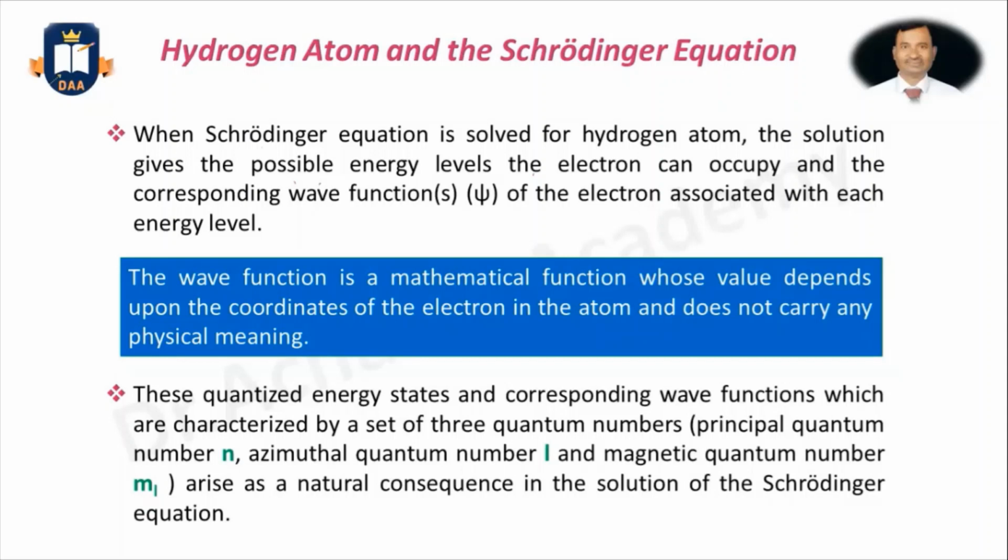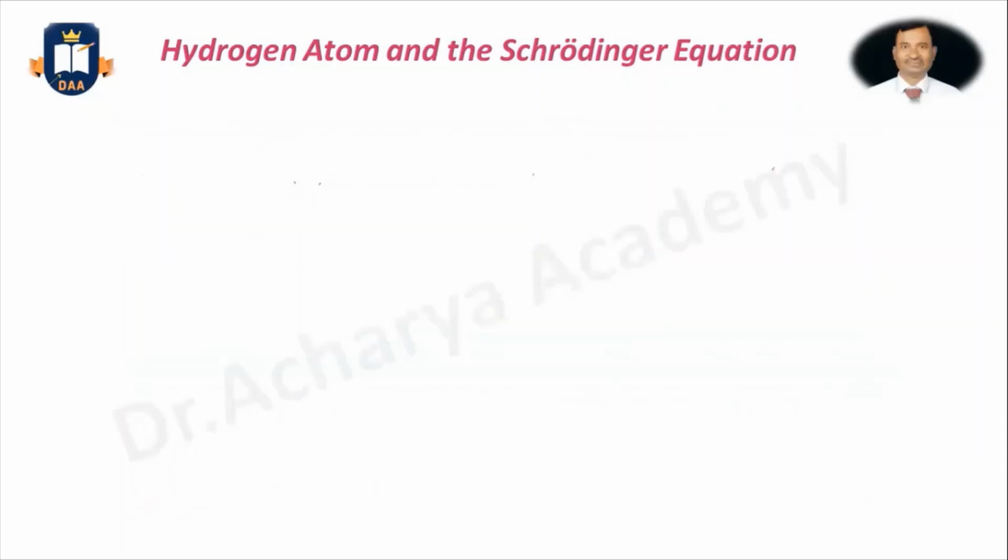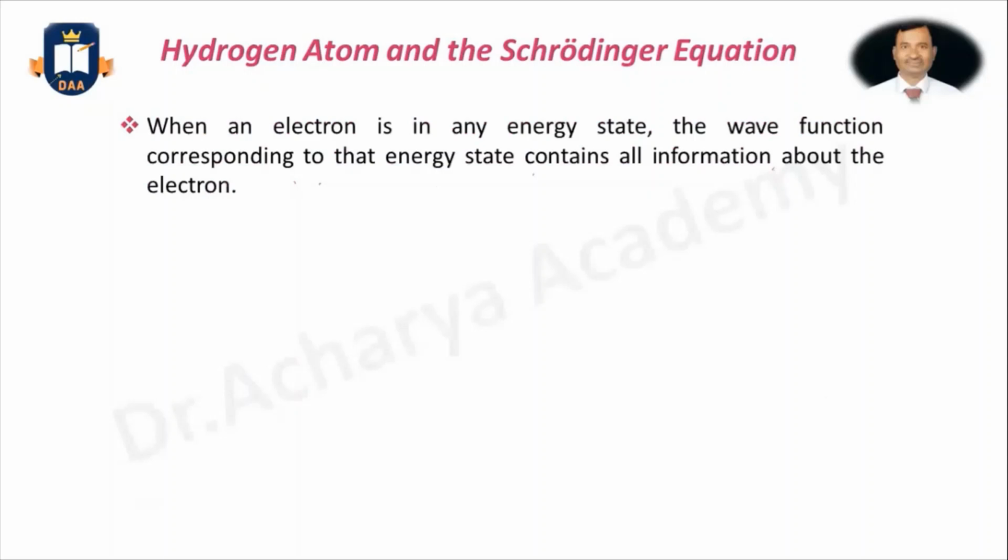What I already told about the Schrödinger equation, we'll understand this much. When an electron is in any energy state, it will definitely have a wave function, and the wave function corresponding to that energy state contains all information about the electron.